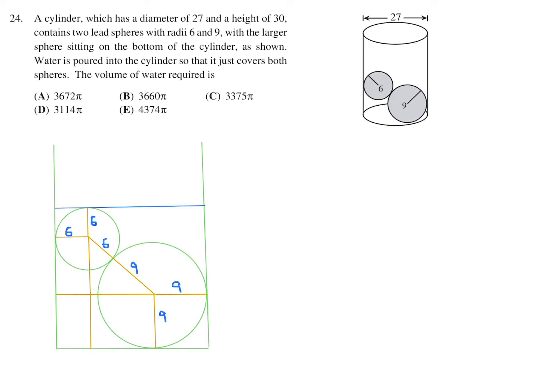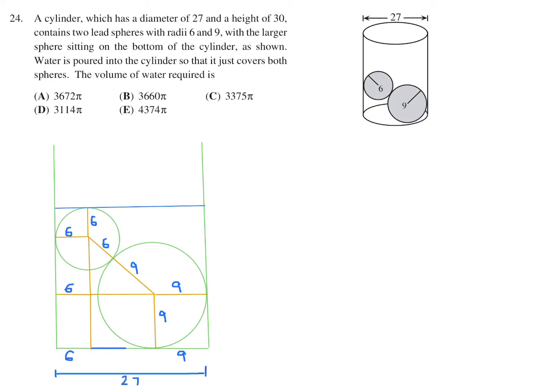Okay? And therefore this is 9, this is 6, and this is 6. And we also know that the diameter of the cylinder, which they also labeled there in the initial figure, is 27. So that means from here to here, this whole distance is 27.